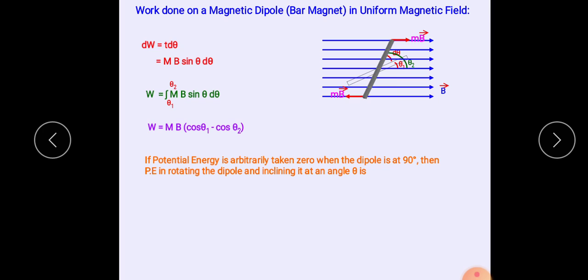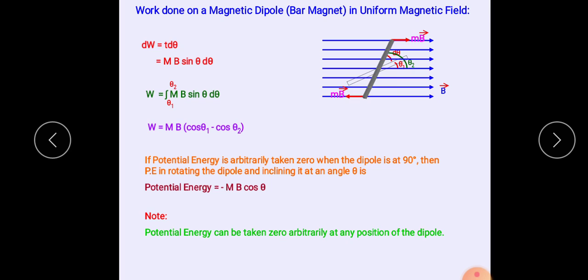If potential energy is arbitrarily taken 0 when the dipole is at 90 degrees, then the potential energy in rotating the dipole and inclining it at an angle theta is U equals minus MB cos theta, because theta 1 is 90 degrees, so cos theta 1 is 0, and MB within bracket 0 minus cos theta 2, and the orientation theta 2 is theta, therefore minus MB cos theta, or in dot product form, U at theta equals minus M dot B. There are some points to be noted.